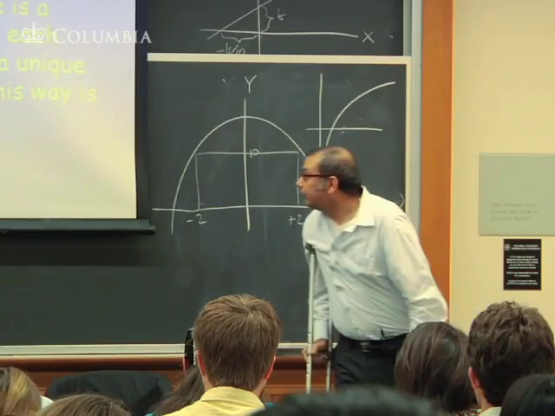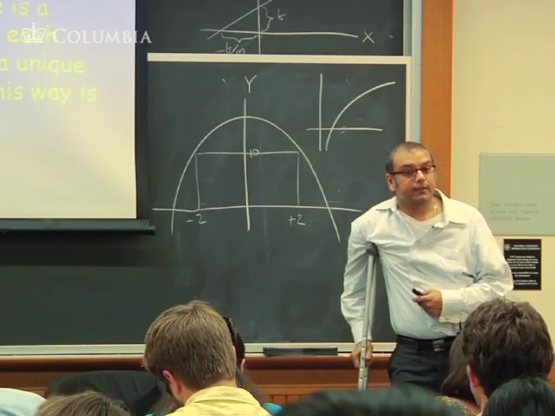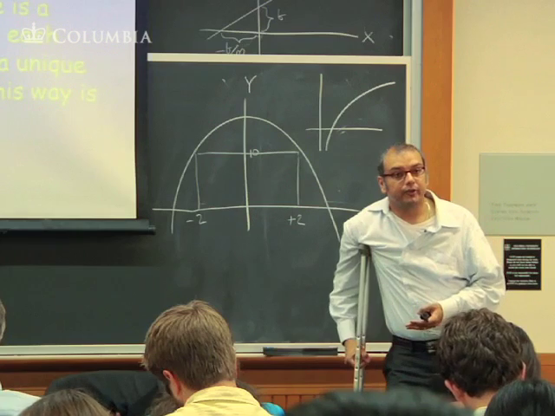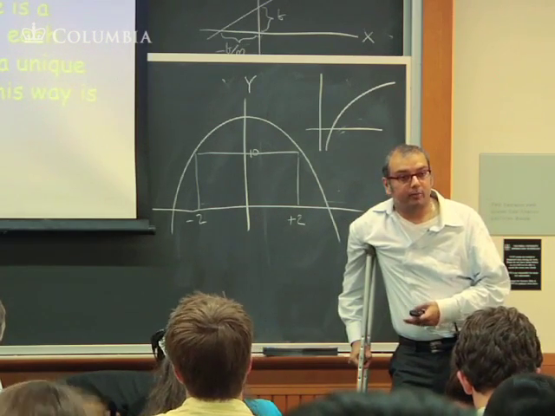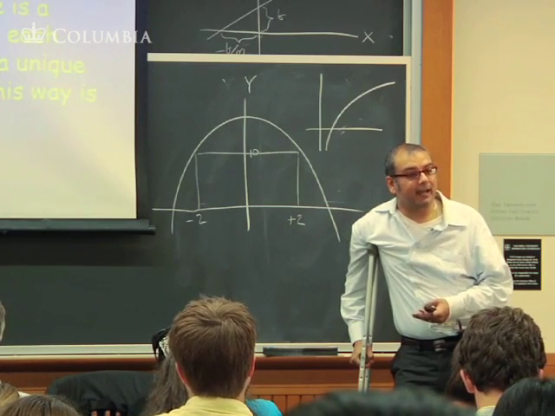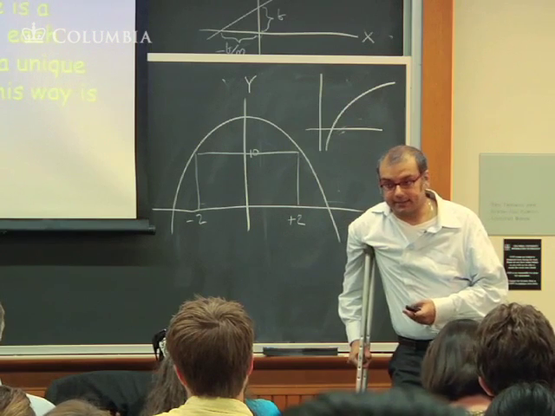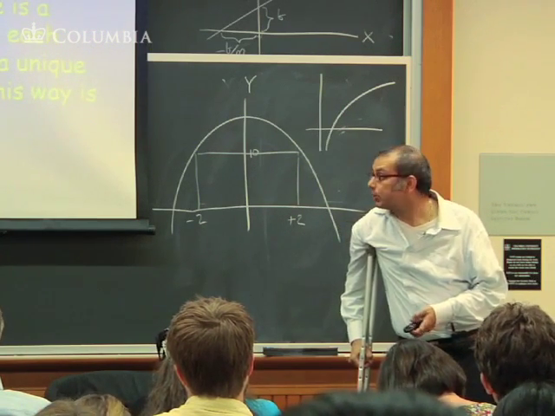Okay, now for monotonic functions, you could think of them as two-way rules, because if you have a monotonic function, for every value of y, there is only a single value of x that is associated with it. Okay?